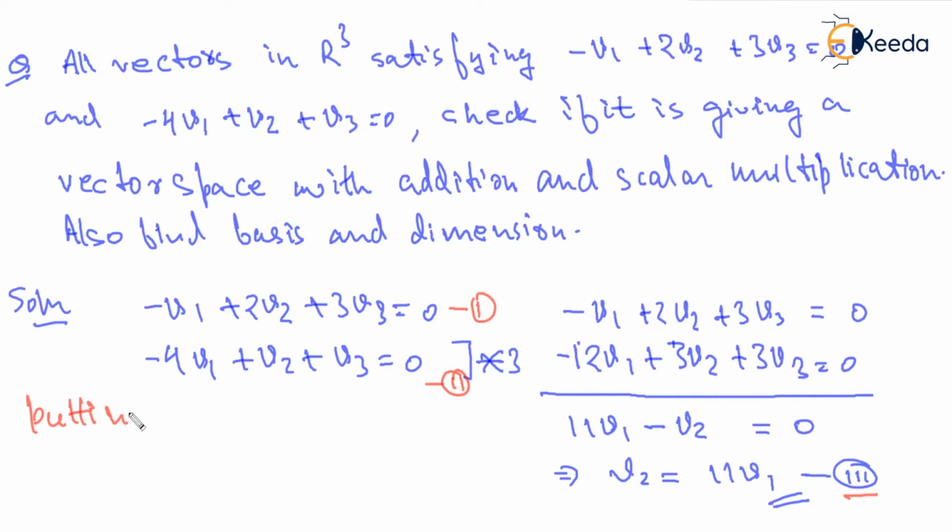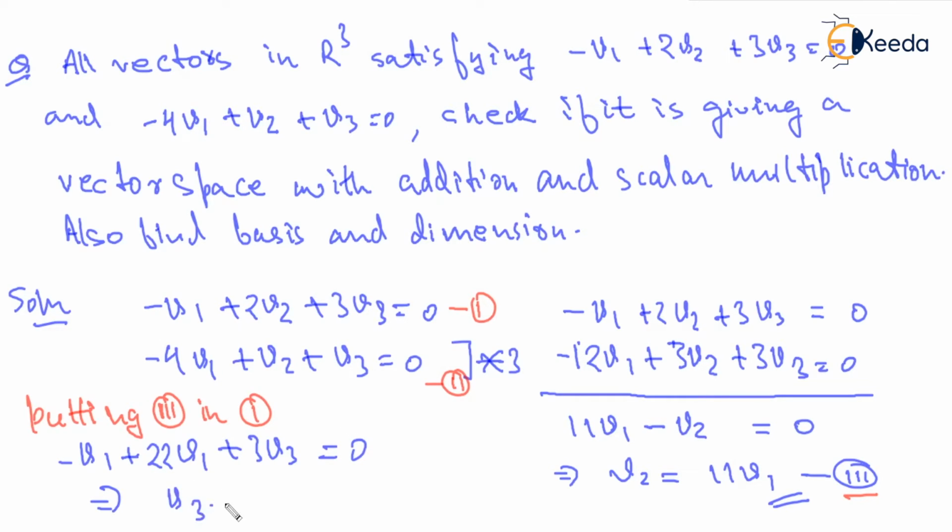Putting 3 in 1, we'll get minus v1 plus 22v1 plus 3v3 equal to 0. So this is 21v1, and on the other side, v3 becomes minus 7v1. Right? So we have one more relation, that is this one.